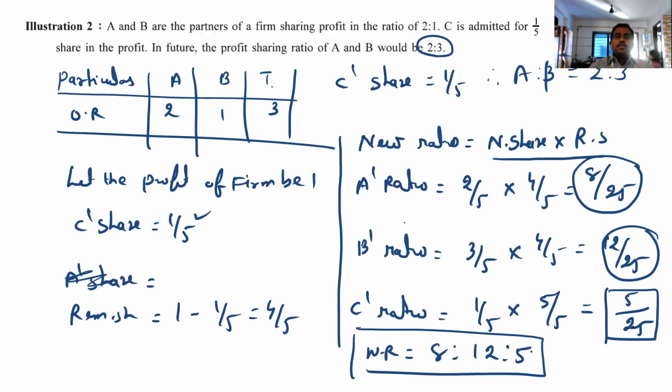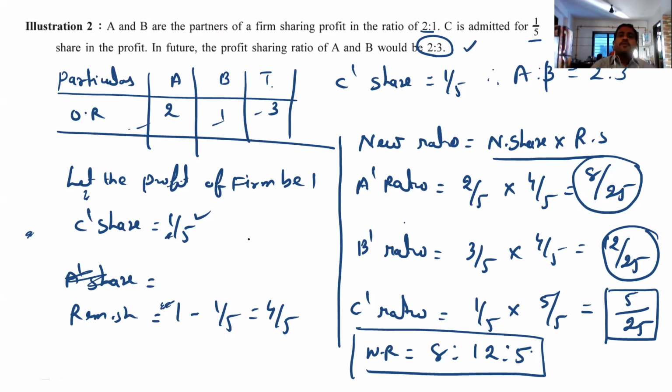In the second question, it clearly says that A and B are the partners and the ratio is 2 is to 1. C is admitted for 1/5 share in the profit and A and B would receive 2 is to 3. So A, B and total we are getting 2, 1 and 3.